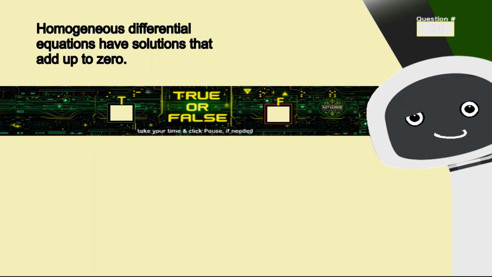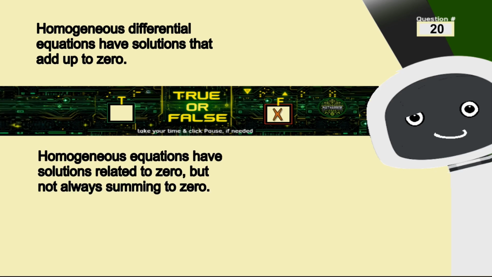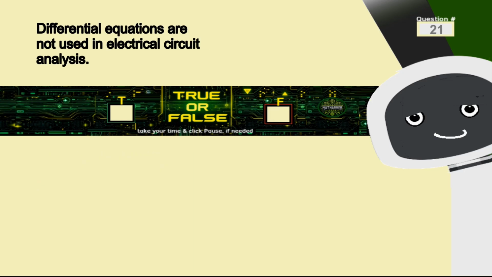True or false? Homogeneous differential equations have solutions that add up to zero. Homogeneous equations have solutions related to zero, but not always summing to zero. That's false. True or false? Differential equations are not used in electrical circuit analysis.